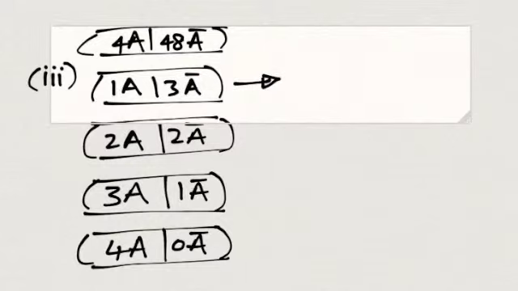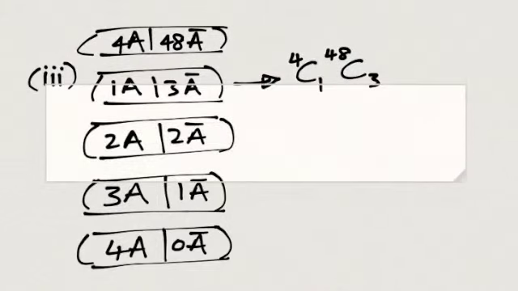So given we have a pool of 4 aces, we can choose 1 ace in 4C1 ways, and we can choose 3 other cards from a pool of 48 in 48C3 ways. In how many ways can we choose 2 aces and 2 other cards? We can choose 2 aces from a pool of 4 in 4C2 ways. We can choose 2 other cards from a pool of 48 in 48C2 ways.